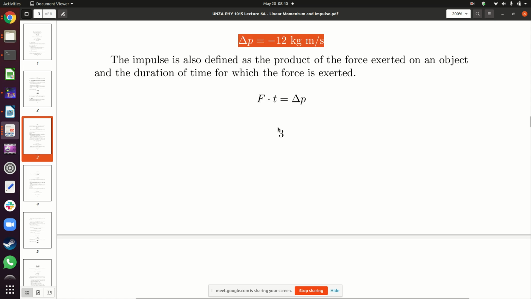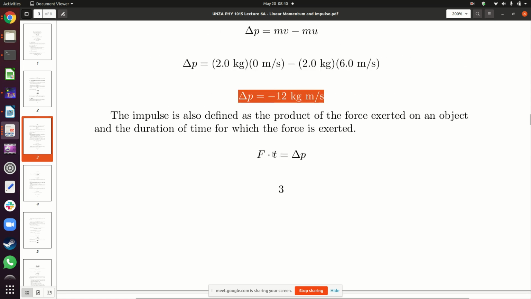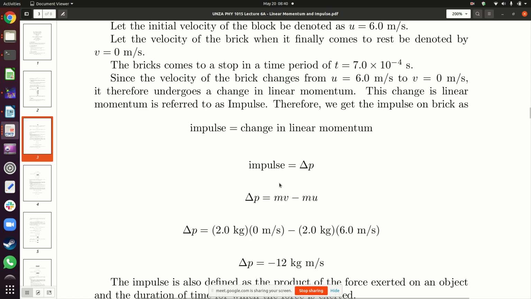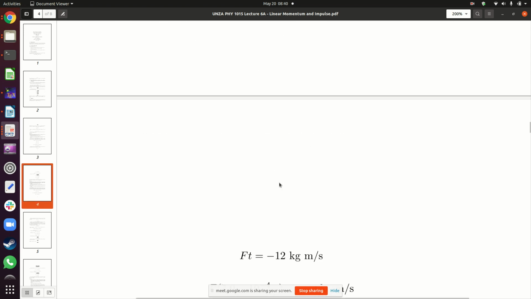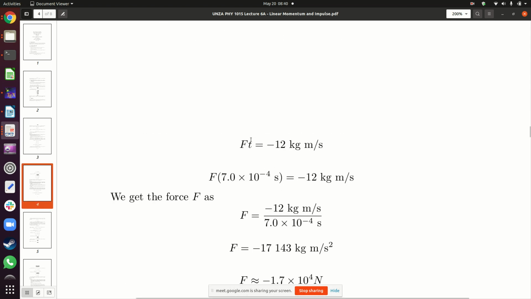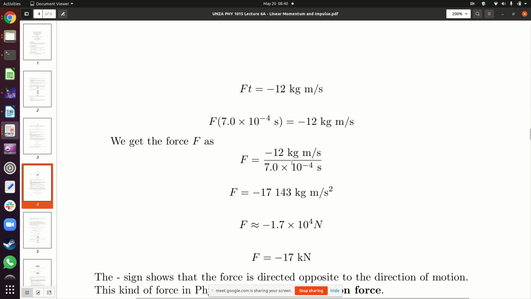We have been given the time the force is present for, which is 7 times 10 to the power minus 4 seconds. So we can put that together here: F times t is equal to minus 12 kg meters per second.